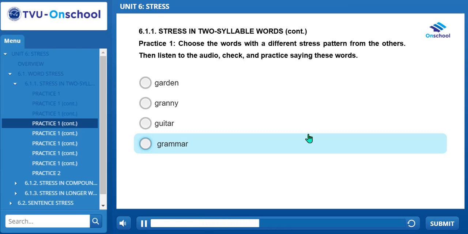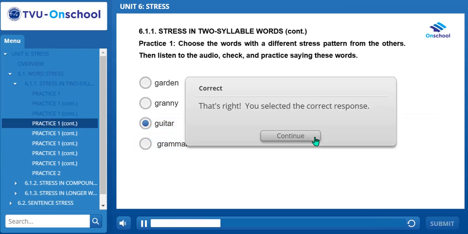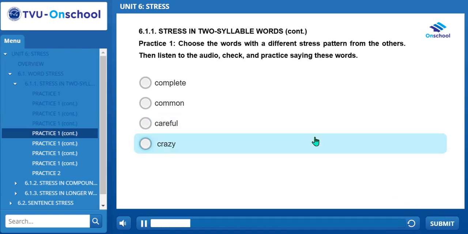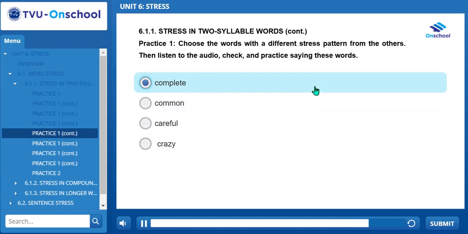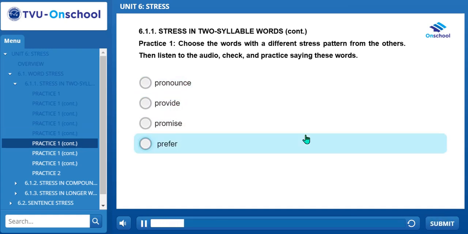Garden, granny, guitar, grammar. Five. Complete, common, careful, crazy. Six. Pronounce, provide, promise, prefer.